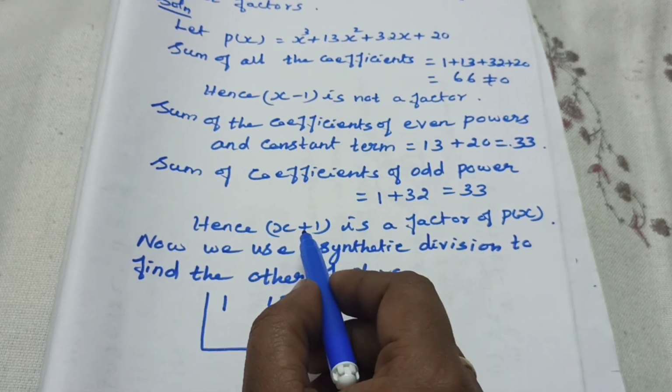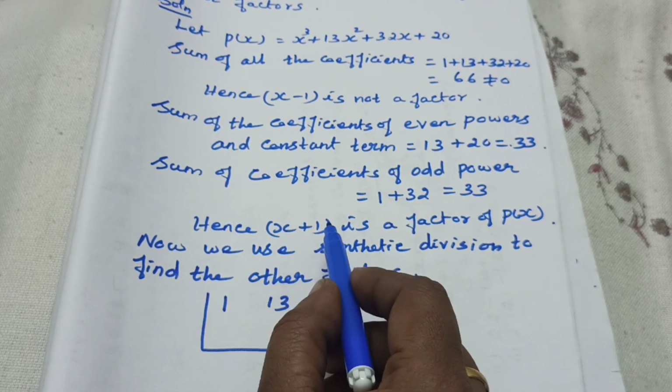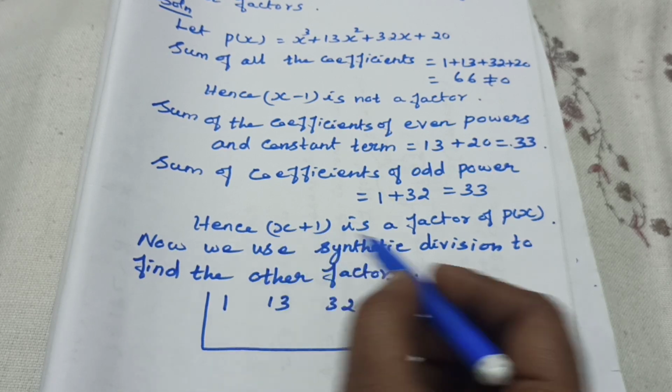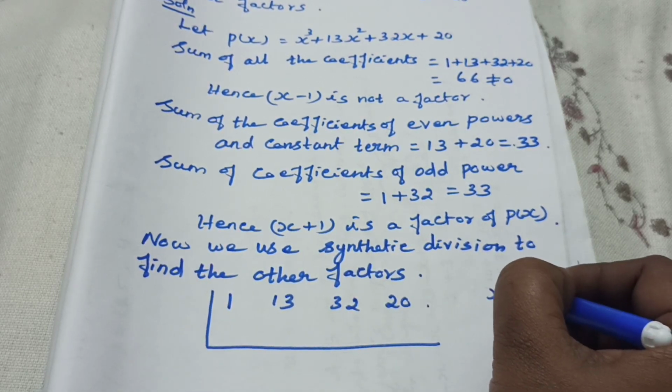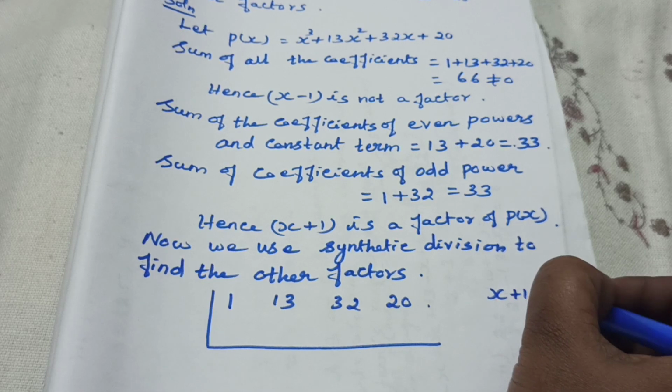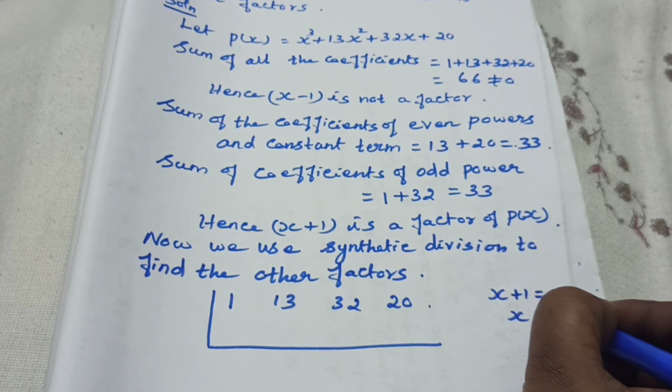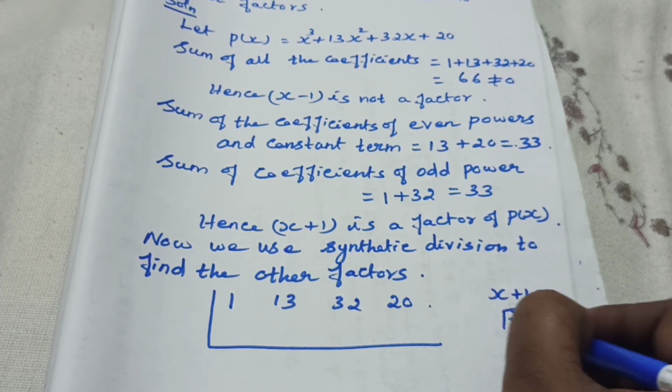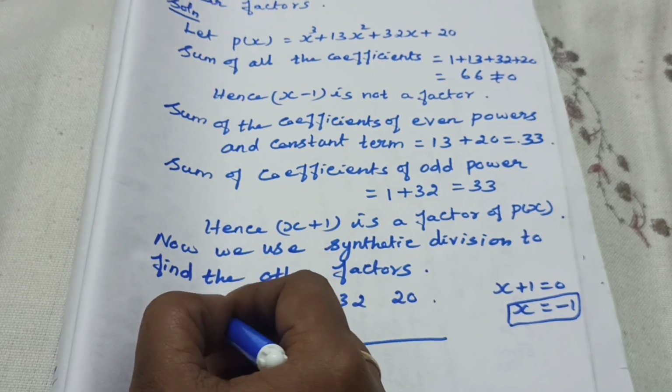One factor we found, isn't it? X plus 1 is the factor. Therefore x plus 1 equal to 0, so x equal to minus 1. This x equal to minus 1 we have to write here.